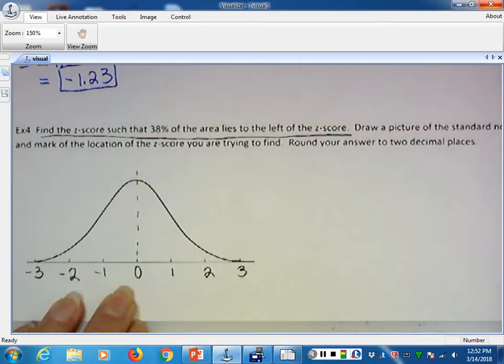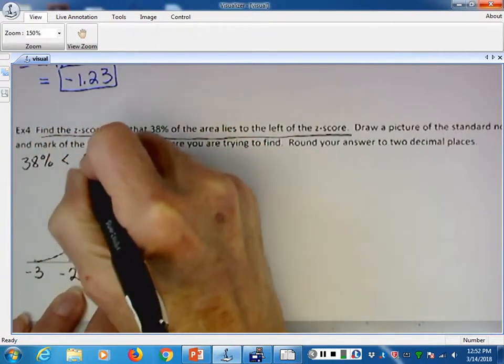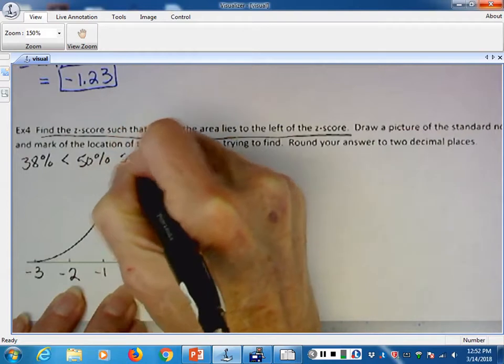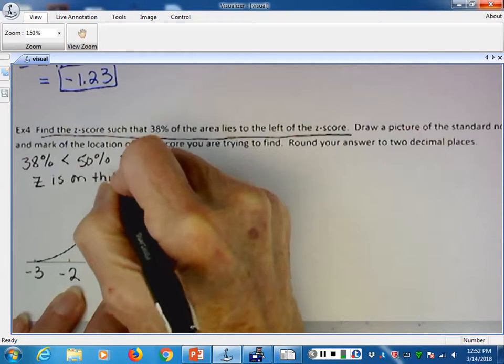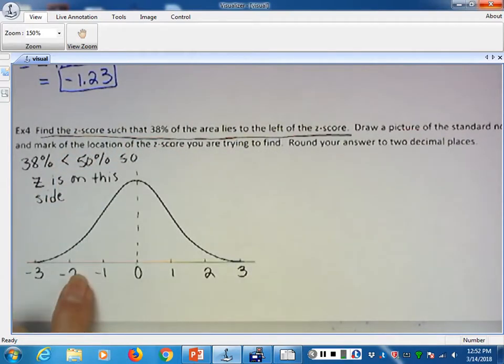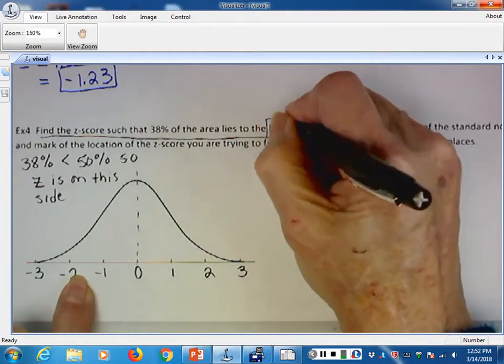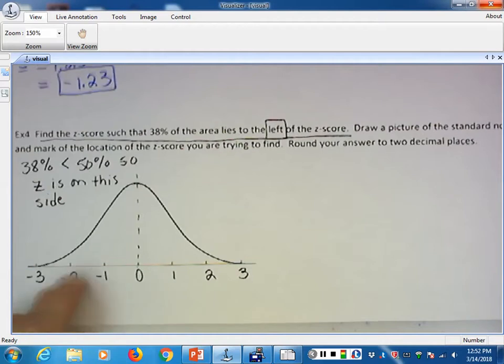Okay. 50% of the area is to the left of 0. 38% is less than 50%. That means it's going to be on this side, because it says to the left of the z-score. Okay? So 38%, that should be quite a bit.